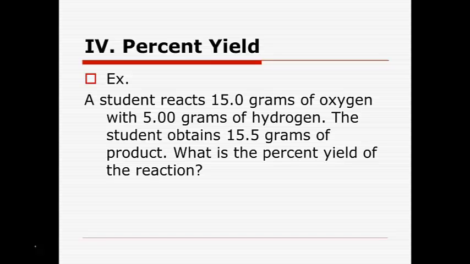15 grams of oxygen reacts with 5 grams of hydrogen. A student obtains 15.55 grams of product. What's the percent yield? We don't have to go and do this whole problem again. When they say he obtains, this is the actual yield. Notice you got two quantities here, 15 grams and 5 grams, so it's a limiting reactant problem.